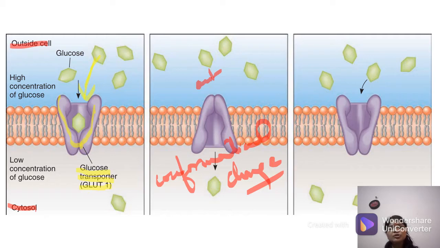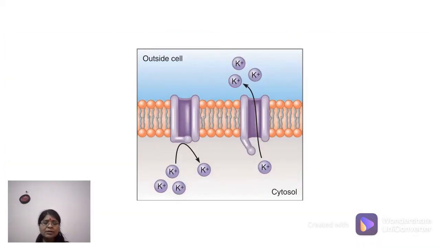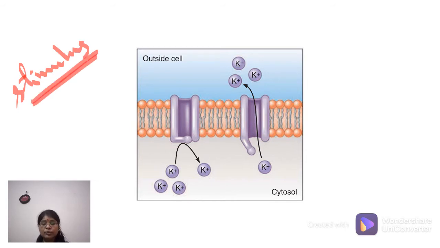There are also channels, as I can show you here. You can see that this is a channel, but these channels work in response to a stimulus. As you keep on reading about the nervous system and hormone action, you will come to know about various kinds of stimulus.